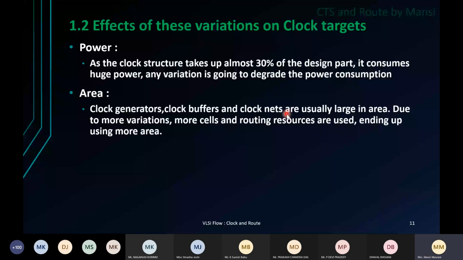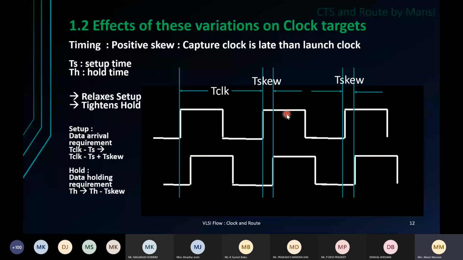Here everybody knows about launch clock and capture clock. We talked about it last time in synthesis, right? I'm hoping everybody has gone through the links which I had provided, so I don't have to go through it again. So here, this is the launch clock, and this is my capture clock.